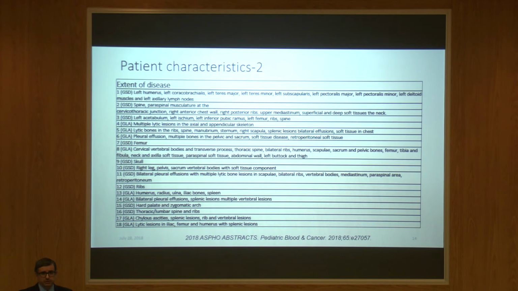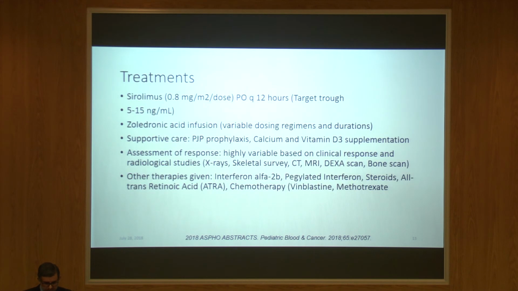But it did actually show the same distinctive phenotypes that I talked about before, where in GLA patients there is multiple bony lesions and often multiple system involvement with preservation of the cortex, and it does not usually lead to progressive destruction of the bone. And in GSD patients, we see less bone involvement, but more destruction of bones. So it was consistent with these distinctions that I previously described.